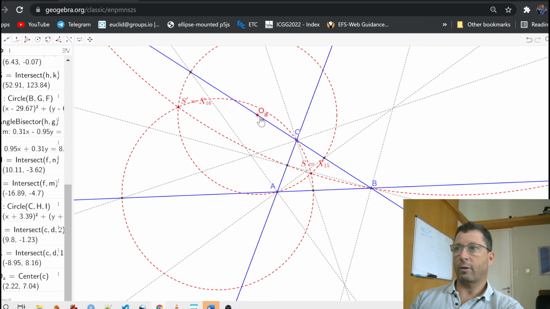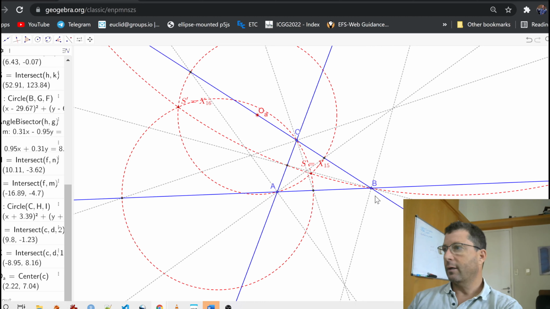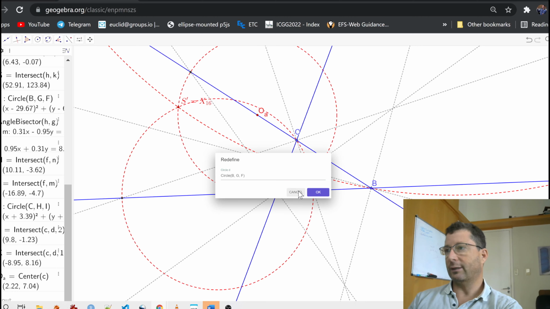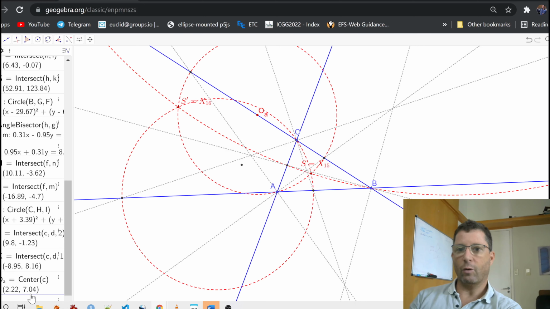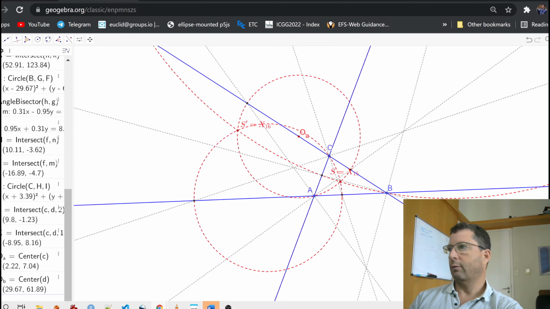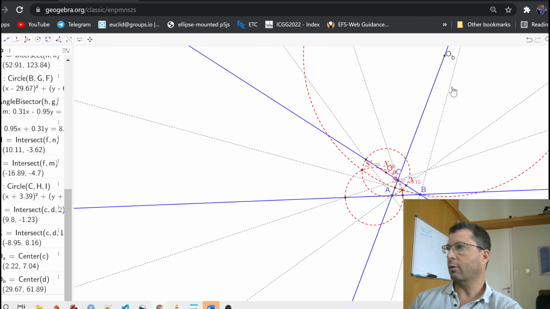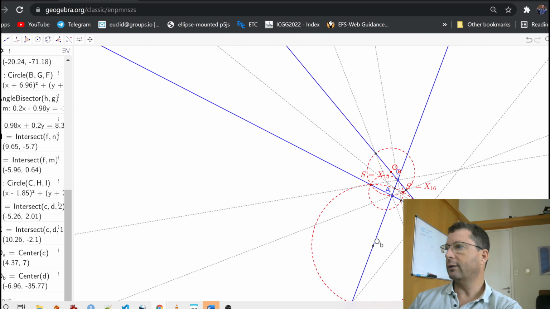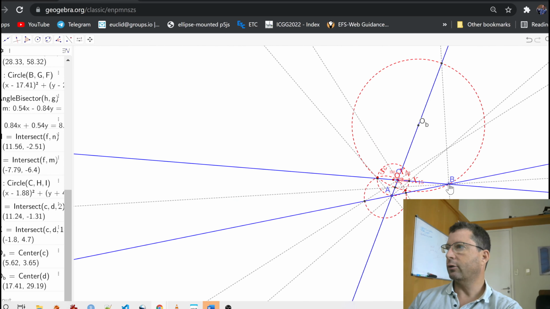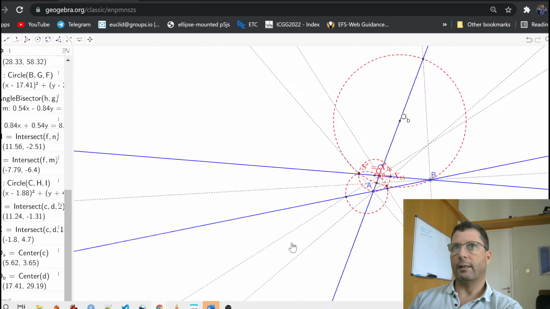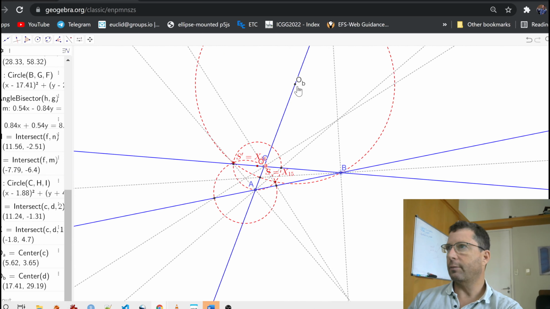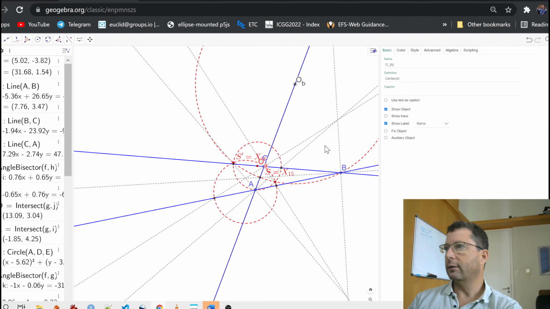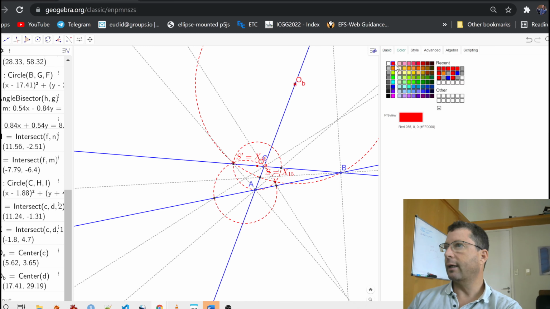Now let's draw the center of the second circle, which passes through B. Here it is, and the circle is labeled D. I'm going to say OB is equal to the center of D. It's over there. Let's make that come closer to us by tweaking this triangle, and let's make that also red.